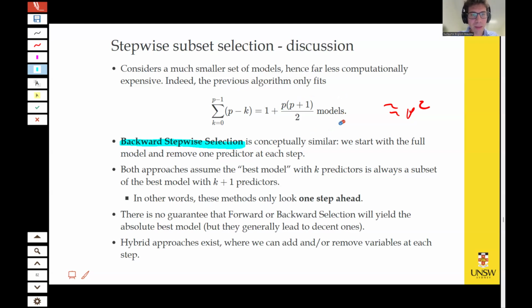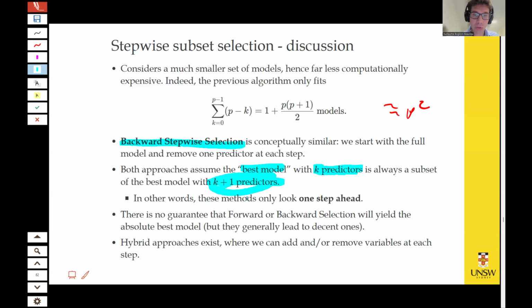Okay, so obviously, there's a big assumption here that those methods make, which is that it assumes the best model with k predictors is always a subset of the best models with k plus 1 predictors. Well, yes, it assumes that if I have k predictors, it's necessarily the case that the best with k plus 1 will just be the one to which I add one.